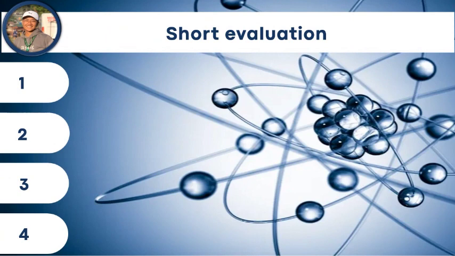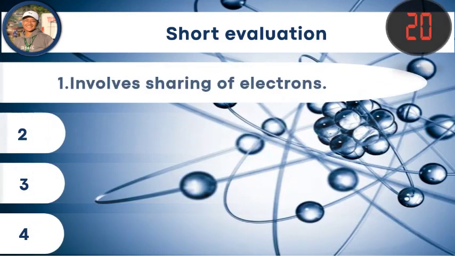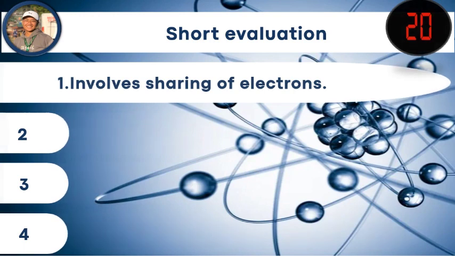Now, let's test your understanding with a few quick evaluation questions. I'll ask a question and I'll give you 20 seconds to think about your answer in each number. Determine if the sentence describes an ionic bond or a covalent bond. Okay, are you ready? Here's the first question.